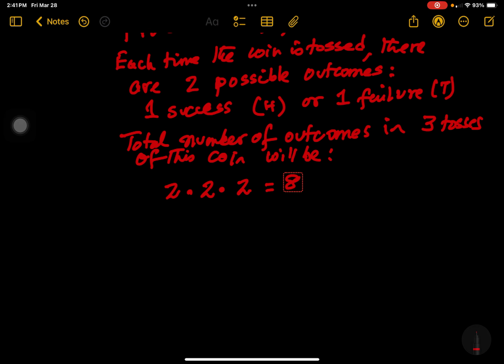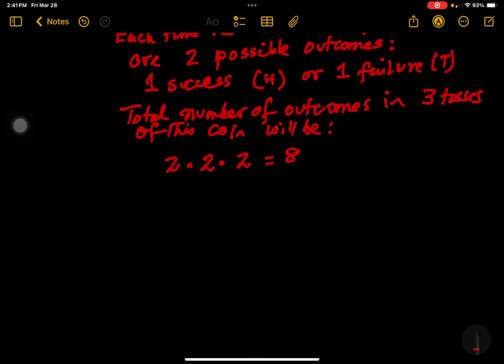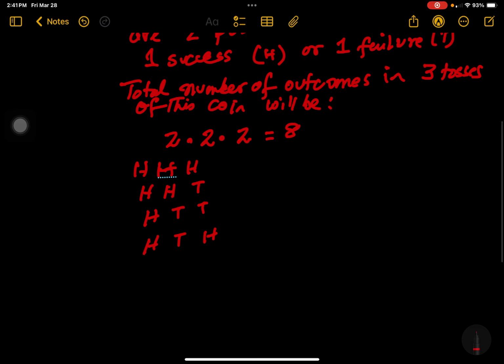So what are the 8 possibilities? For example, we can have head, head, head. Next one can be head, head, tail. Next one can be head, tail, head. Or it can be tail, head, head.